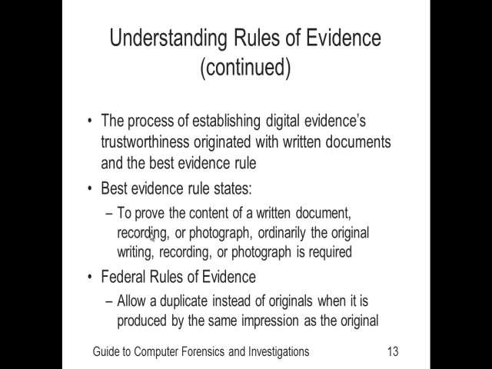The federal rules of evidence allow a duplicate instead of the original when it is produced by the same impression as the original, as long as bitstream copies of data are created and maintained properly. The copies can be admitted in court, although they aren't considered best evidence.